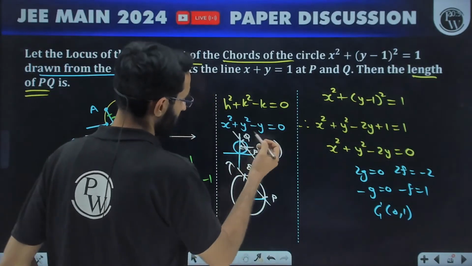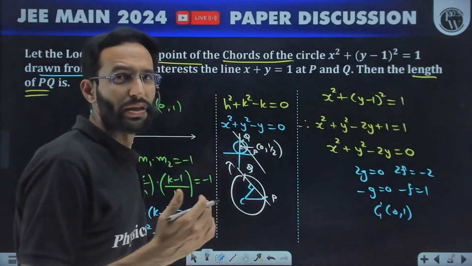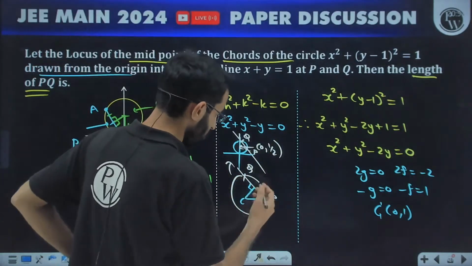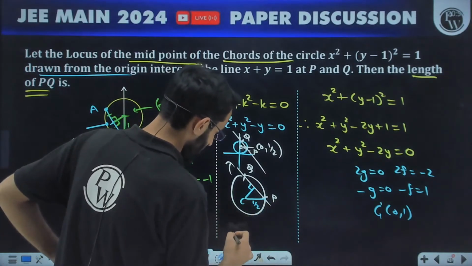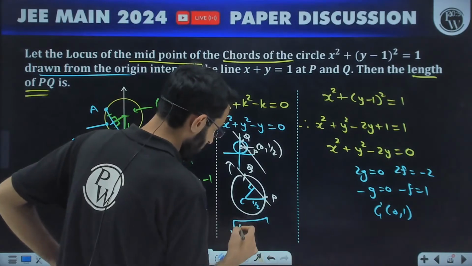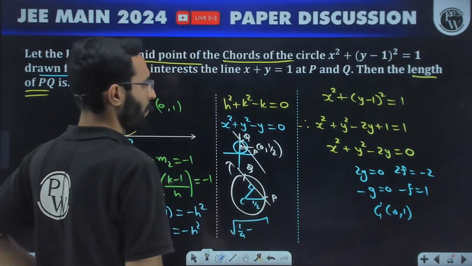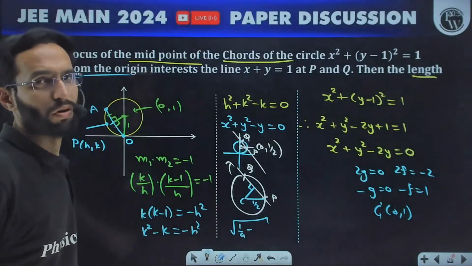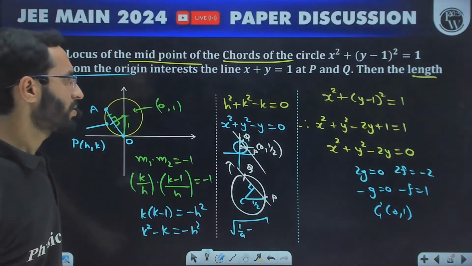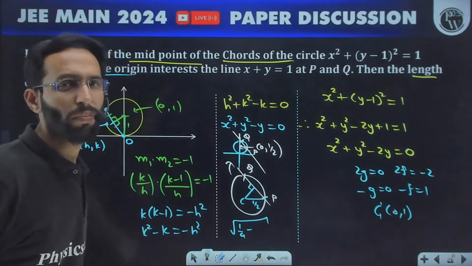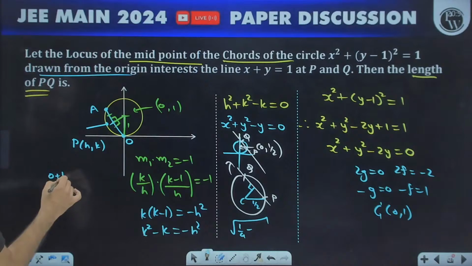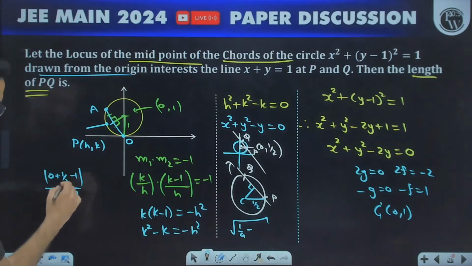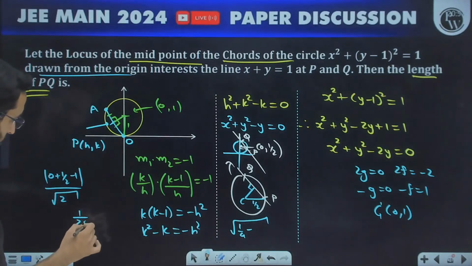This radius is going to become half, the square root of g square plus f square. So this distance will be the square root of 1 by 4 minus the square of the perpendicular distance of this line from the center. The perpendicular distance of this line from the center (0, 1/2) will be |0 plus half minus 1| upon the square root of 1 plus 1.